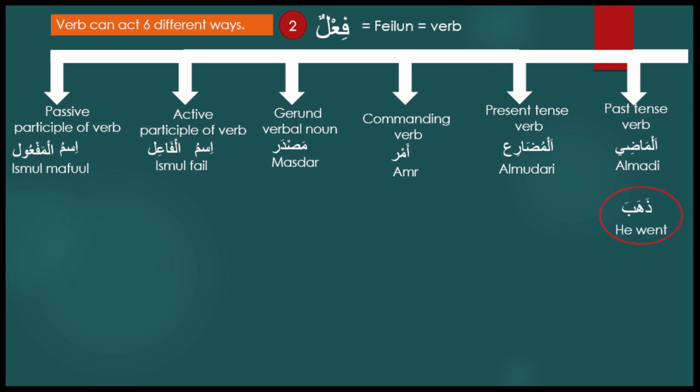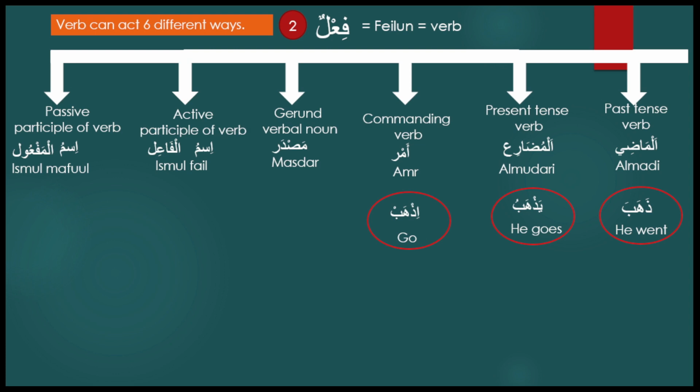Like zahaba means he went. We know that the subject he is inbuilt within this verb zahaba. The zahaba can be converted into present tense verb like yazhabu means he goes. This verb also can be converted to amr, the commanding verb, like izhab.